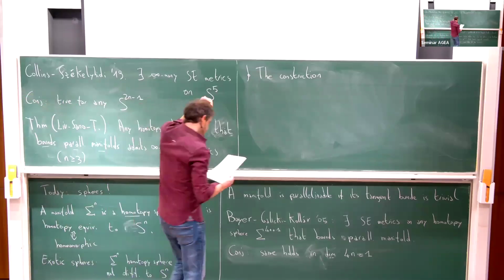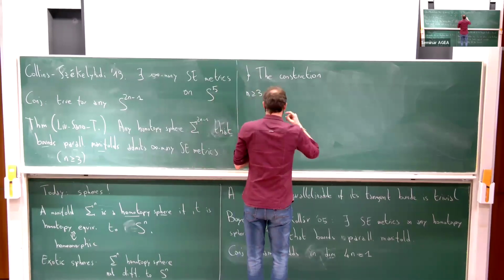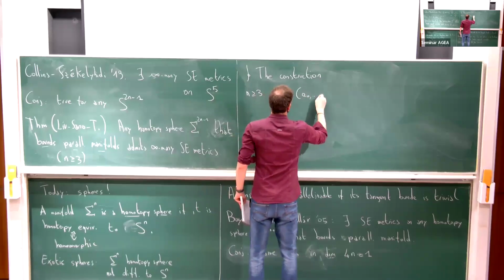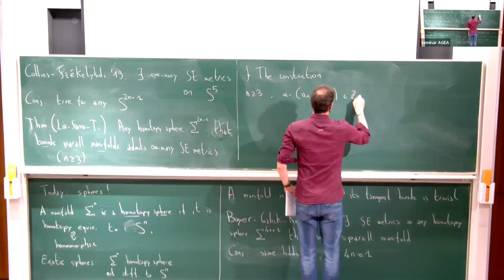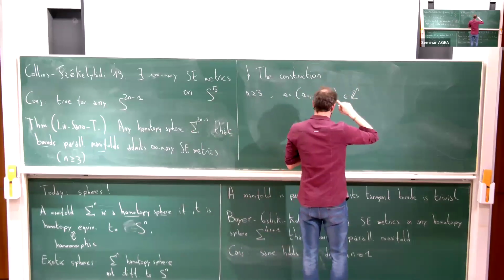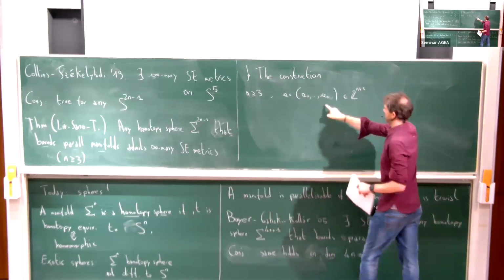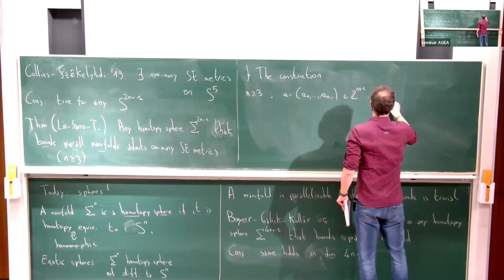Okay, so let's see the construction. The construction is a classical construction. So take a_0 through a_n, these are positive integers, so n plus 1 integers. Actually, I'm assuming them to be strictly bigger than 1.